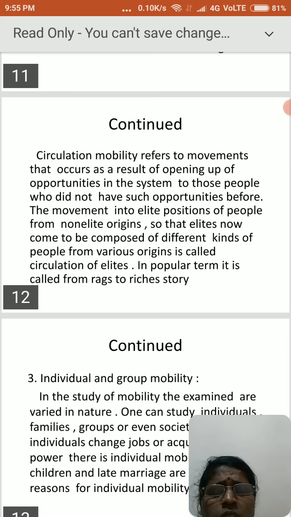This is called the circulation of elites. In popular terms it is called rags to riches.